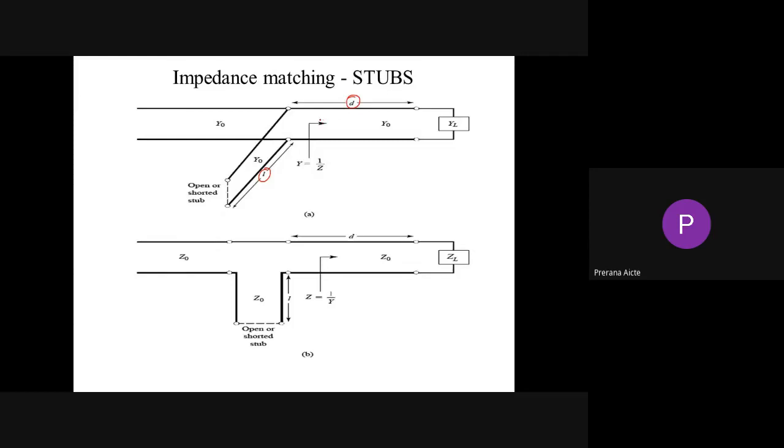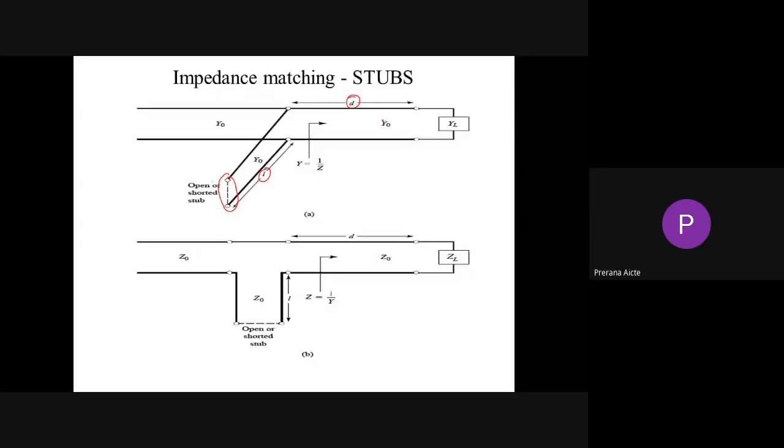Now, this is either open circuit or short circuited. If it is open circuit or short circuited, then what will be the effect on the input impedance based on the output impedance Z0 and Z of L for a lossy transmission line or lossless transmission line.